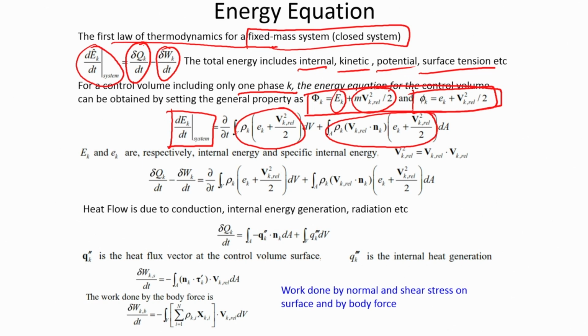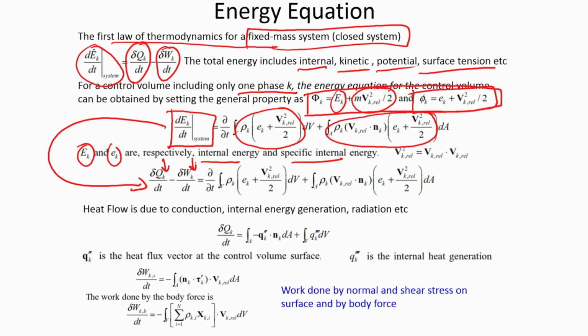So, these are basically the internal energy and the specific internal energy, capital E k and small e k. So, substituting this over here, where we are bringing in the q k and the w k term, the same expression is kind of valid.